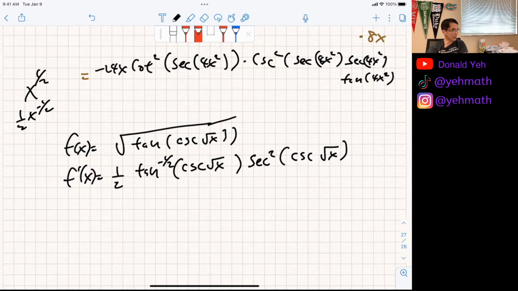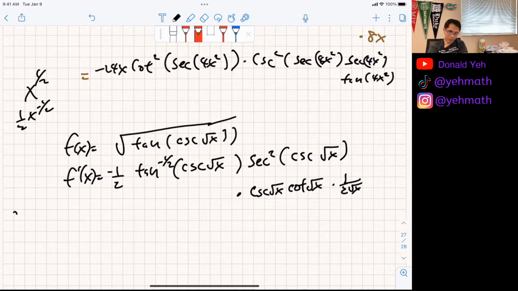So we said that x is a tangent of something, so times by what's the derivative of tangent, so it's secant square, and then CSC square root x, negative COT of square root of x, times 1/2 square root of x, because that means the derivative of square root of x is going to be 1/2 square root.